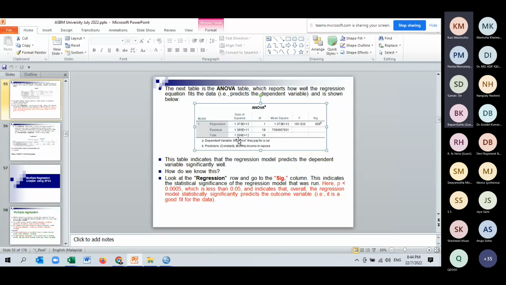Turnover, the number of people who go for frequent resignation. Then we can look at the ANOVA table. Yes, ma'am.